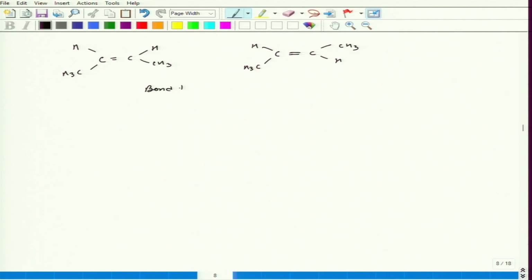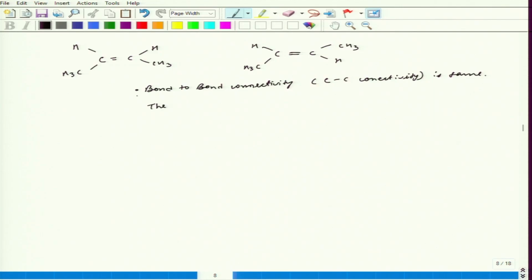Bond to bond connectivity, or C-C connectivity, is the same. What's different?